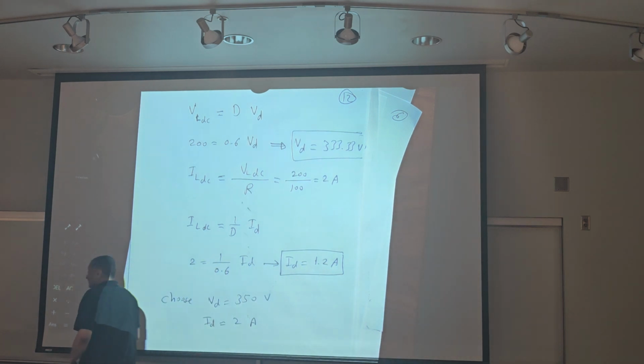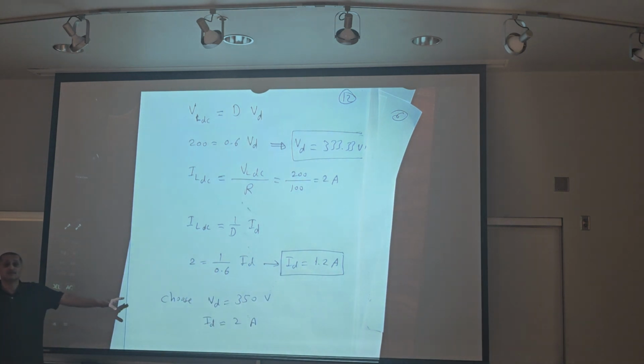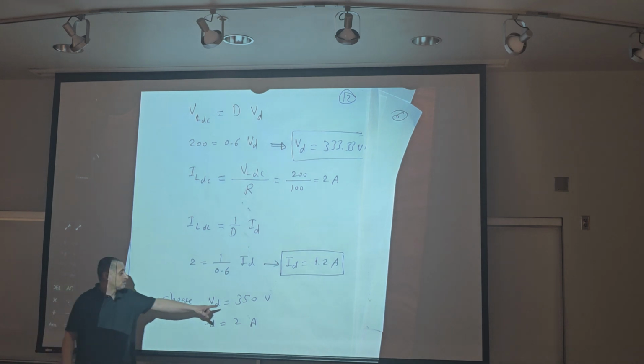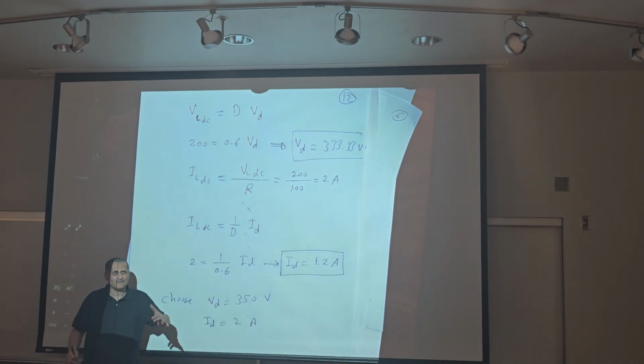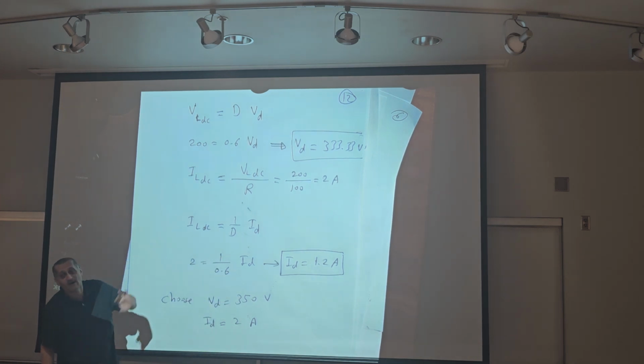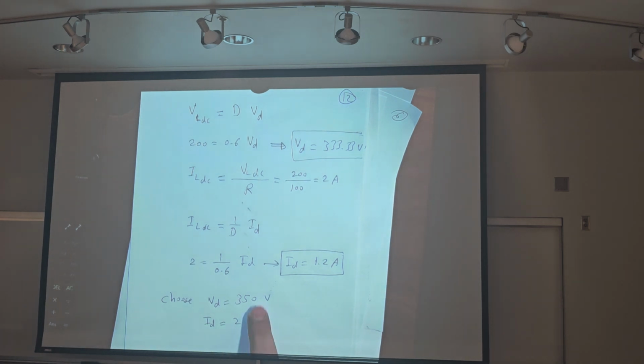Now we selected 350. You can select 340 or 360, but not 400, because it's too far from the calculated value. Now, 350, 2 ampere.